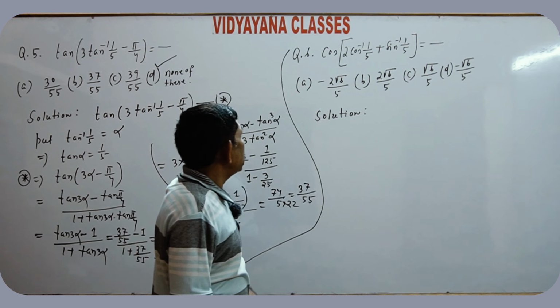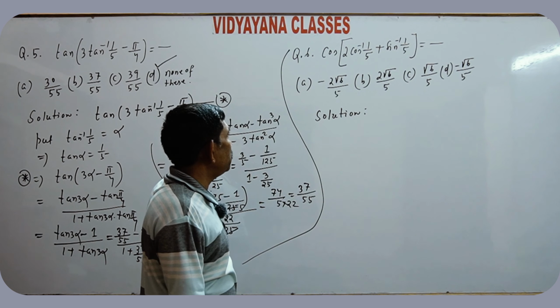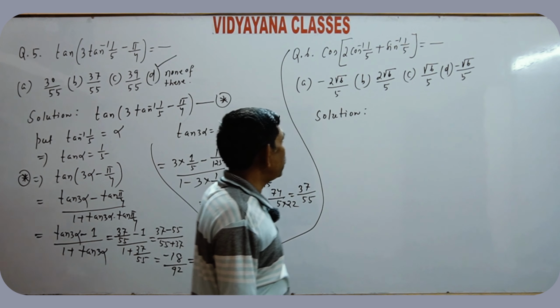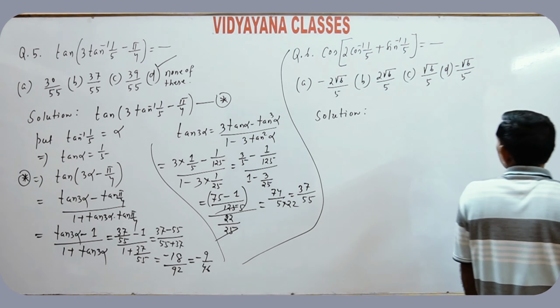Question number 6. Cos of (2 cos inverse 1 by 5 plus sin inverse 1 by 5) is equal to dash.